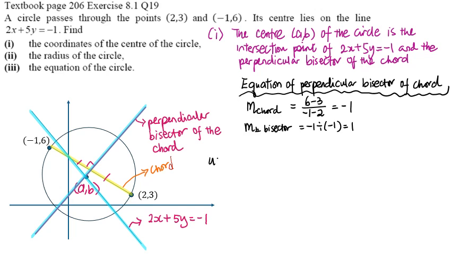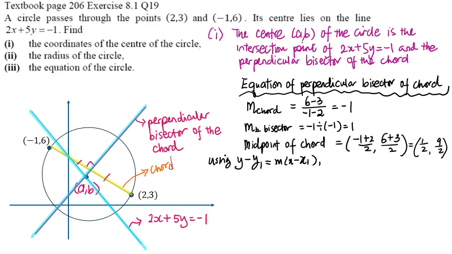Applying the very useful formula y - y1 = m(x - x1), the point (x1, y1) lies on the perpendicular bisector and has to be the midpoint of the chord, which is (1/2, 9/2). Substitute that point into the equation. That's how we find the equation of the perpendicular bisector of the chord to be y = x + 4. We're going to solve it simultaneously with 2x + 5y = -1.